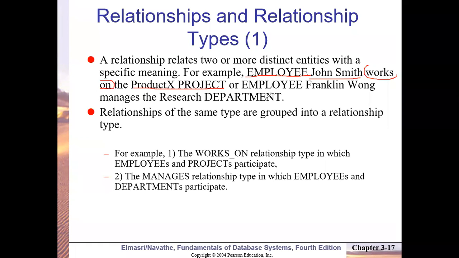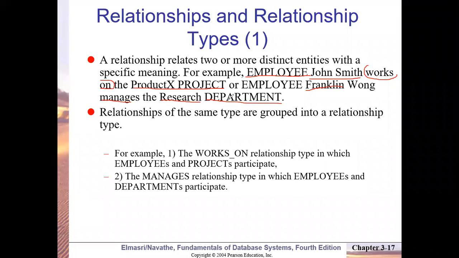Fine. So another example is given here. Employee Franklin manages the research department. So this is a relationship between employee and department. So one employee entity is Franklin and the department is taken as research.